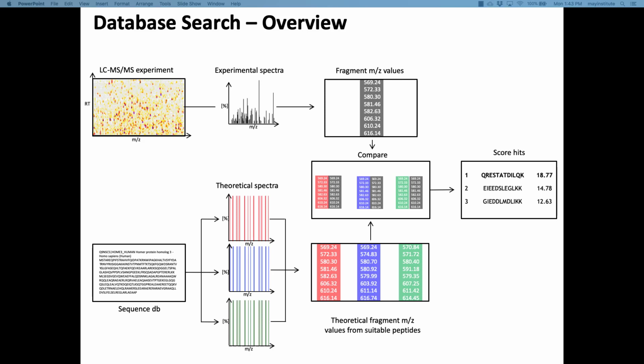That's not true for all the search engines, but the majority of search engines use intensity only to remove some of the peaks, to do some filtering, basically saying these are too low intensity, we discard them. But when you compare spectra of the same peptide, you will notice that depending on the conditions, the intensities can vary quite a lot.